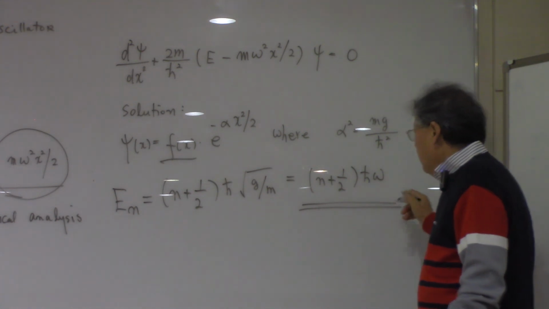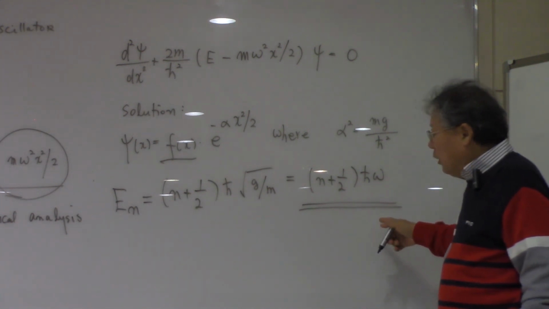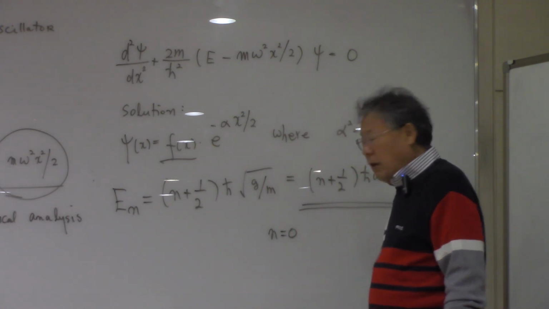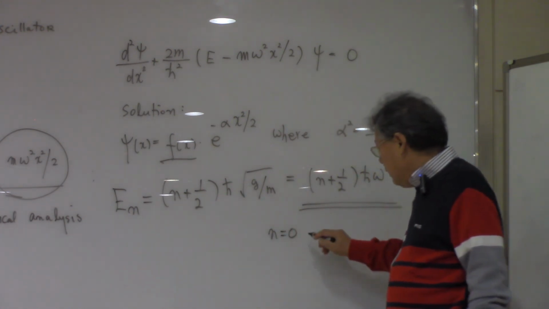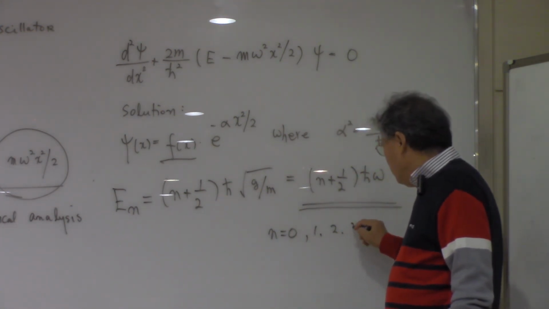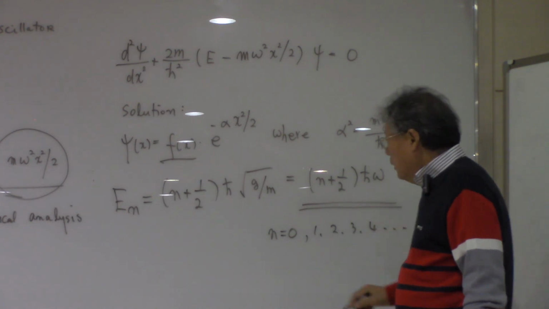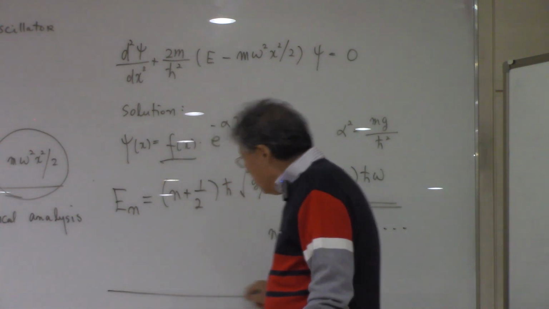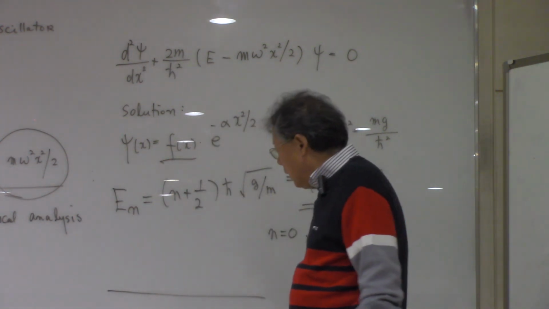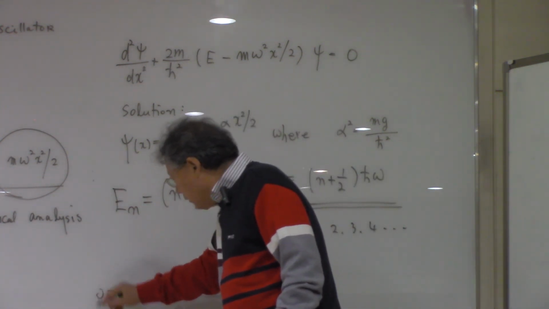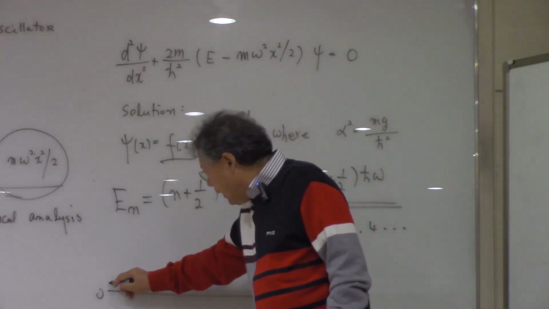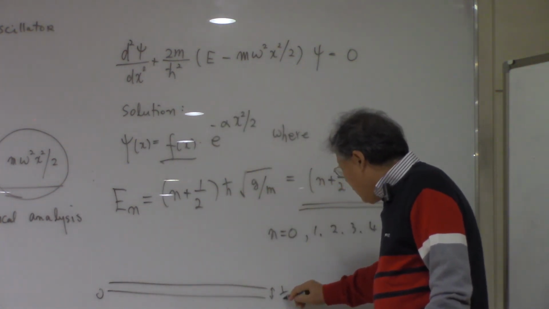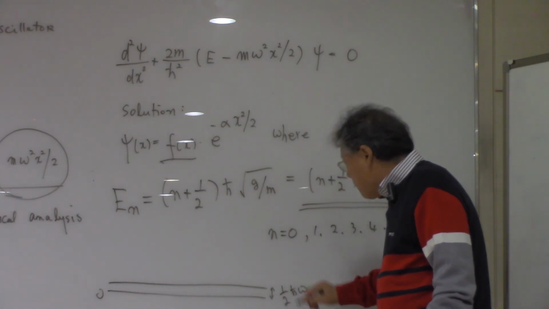Now, one thing you may notice is that n can be 0 for the ground state, and then n equals 1, 2, 3, 4, something like this. So if you draw the eigenvalues of this harmonic oscillator case, the ground state is just half h bar omega.